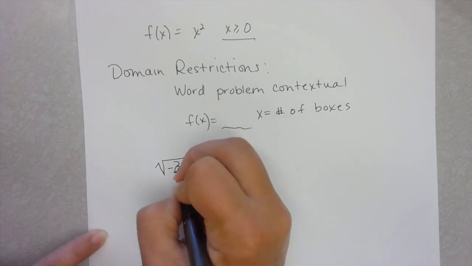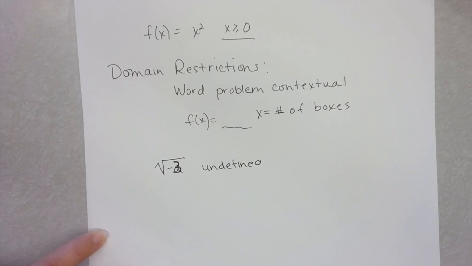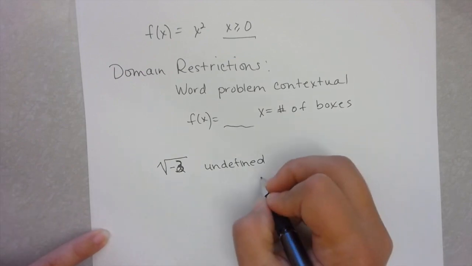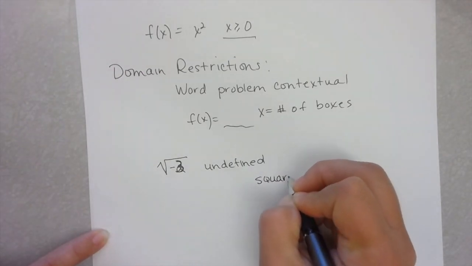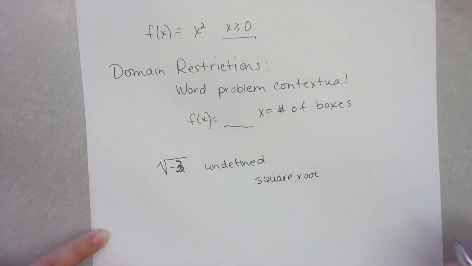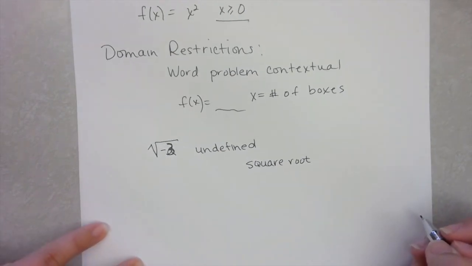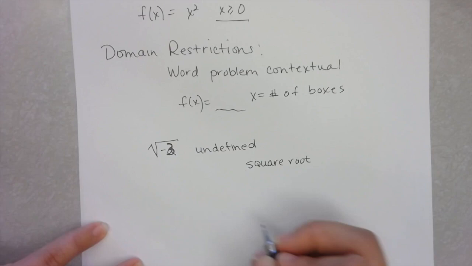The square root of -3 is undefined, and this is the type of thing that we're looking for, things that we're not allowed to do. So whenever I see something with a square root in it, or any sort of root, I always want to look at it really closely. We'll explain how we're going to do this more specifically. And then another situation that we've talked about already is division by 0, which is also undefined.